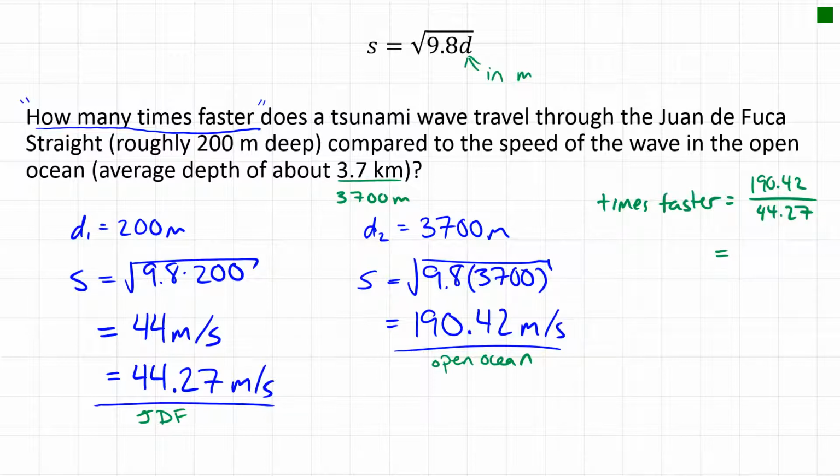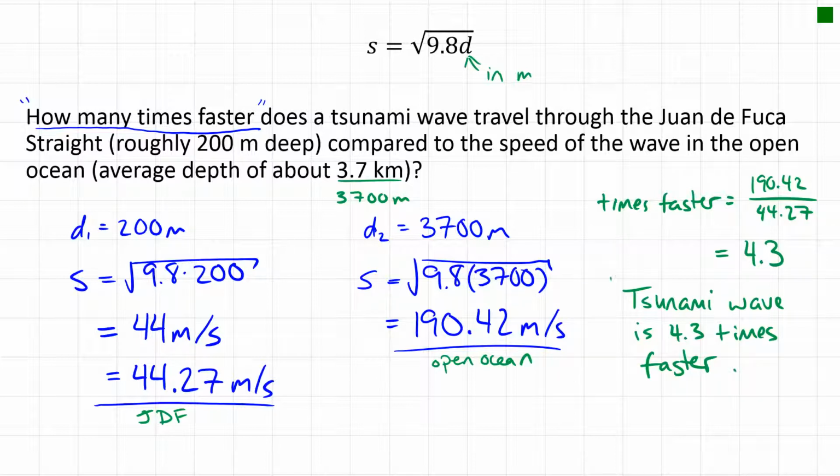And I'm going to round this to 4.3. So the tsunami wave is 4.3 times faster. And that's perfectly acceptable for the amount that you have to write for the answer, but you could also write the tsunami wave is 4.3 times faster in the open ocean than in the Juan de Fuca Strait.